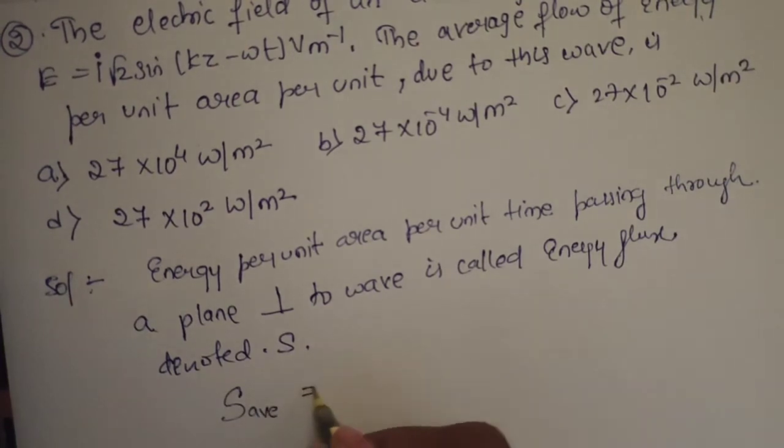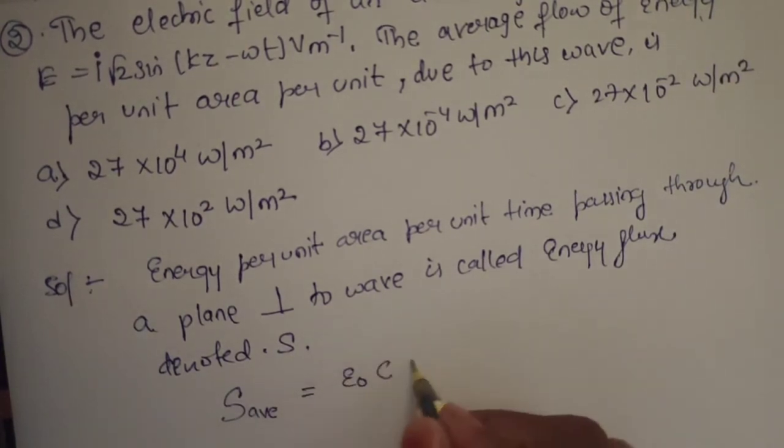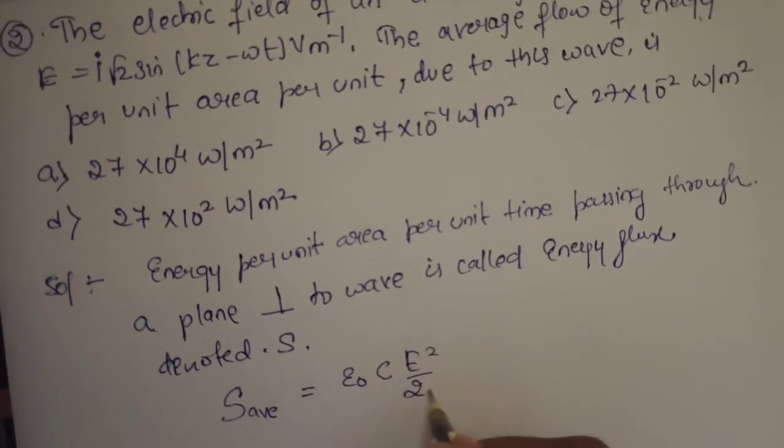S average is equal to epsilon naught C E square divided by 2.